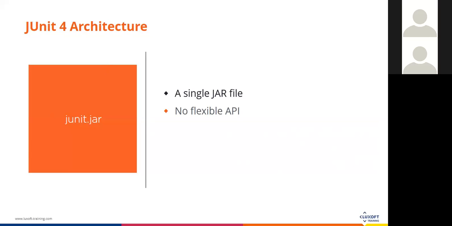How can the designers of the IDEs, of the plugins of the IDEs, work with JUnit? They needed to get into the internals of JUnit. They needed to use mostly reflection in order to get some information that was really needed in order to make the tests run from the IDE, Eclipse, IntelliJ, or some other IDE.